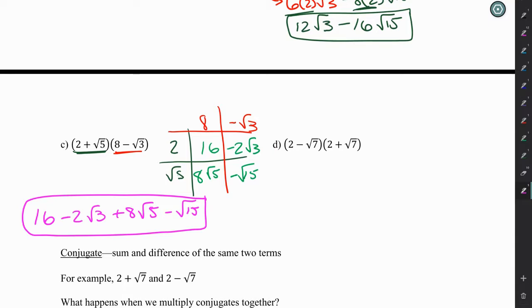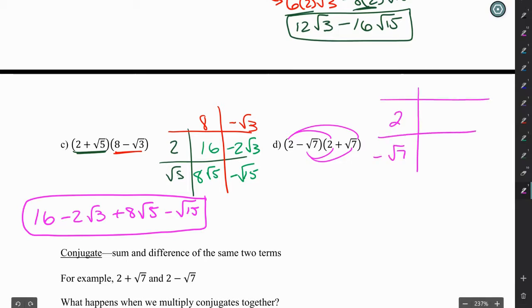So for D, you can do D the same way, or you can FOIL, just distributing the 2 and then the negative root 7. Okay, so I think I'm going to do the box again. So I'll have a 2 and then negative root 7, and across the top 2 and positive root 7. 2 times 2 is 4. 2 times root 7 would just be 2 root 7.